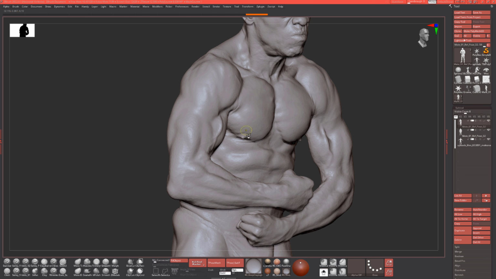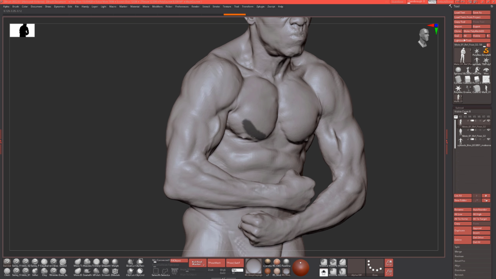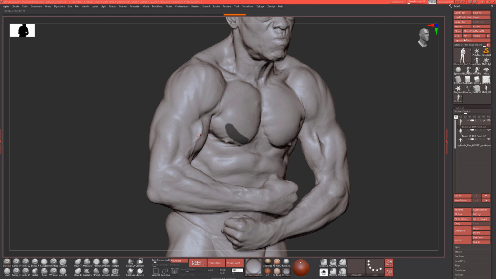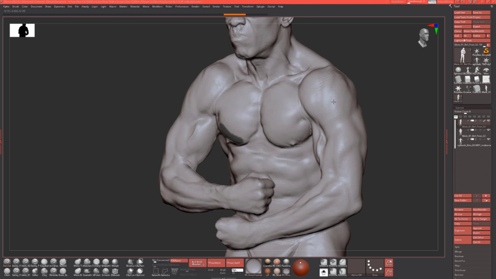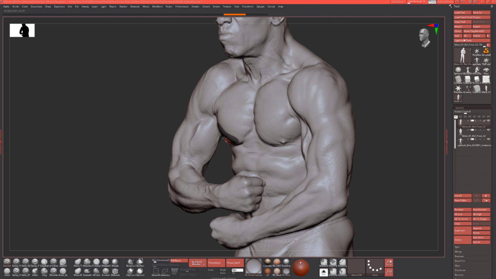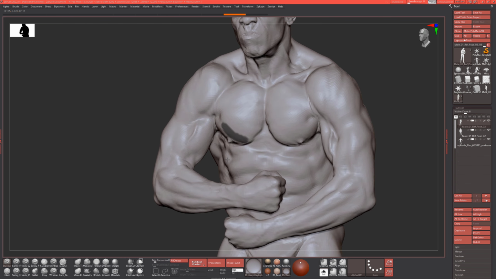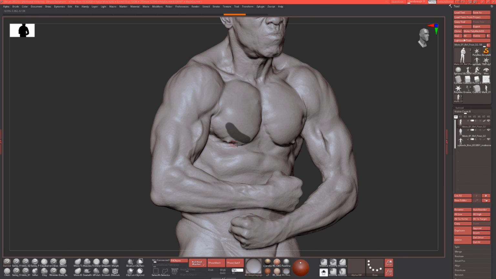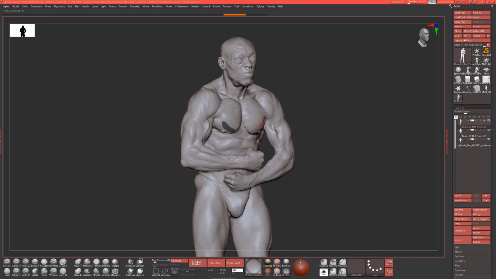Perhaps I should use colors instead of a mask, but it doesn't matter. What I'm trying to point out is this whole section in here. From this angle, even though this is the end of the pec, if we rotate, we can see that there is quite a bit of mass still to the pec.